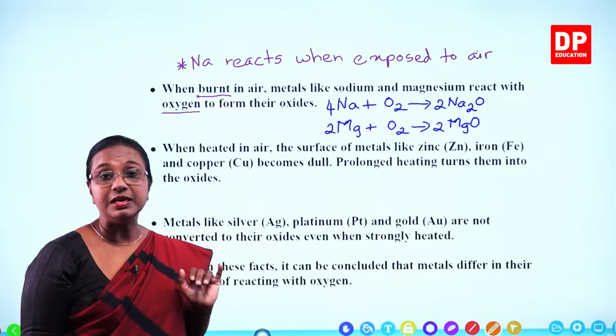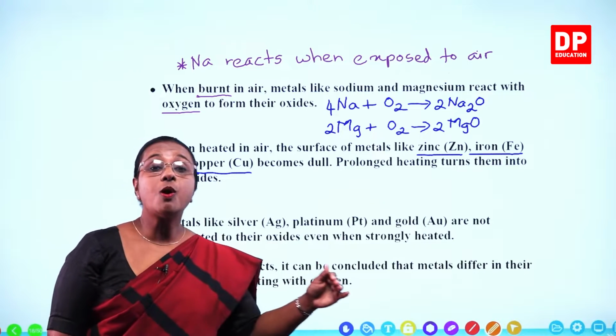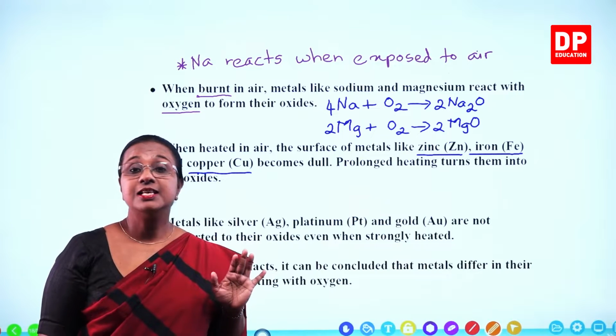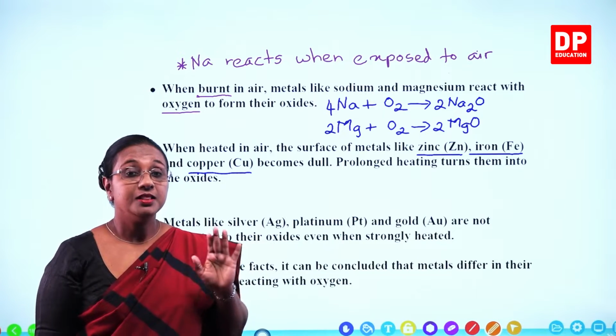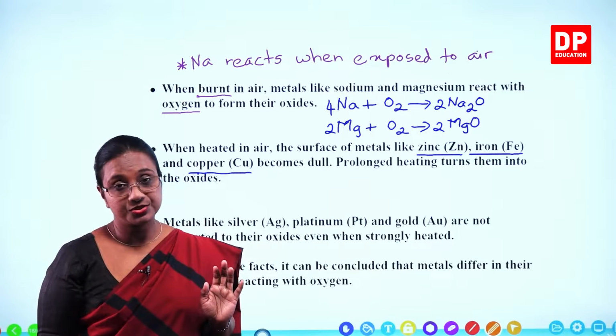The shine will be lost. So when heated in air, the surface of metals like zinc, iron and copper becomes dull. Prolonged heating turns them into oxides. If you heat them for a long time, usually at a somewhat high temperature, they react with oxygen and form the oxide.